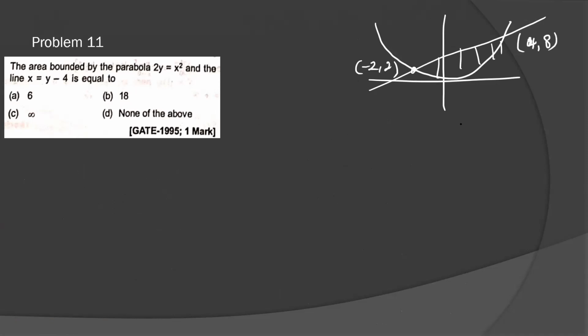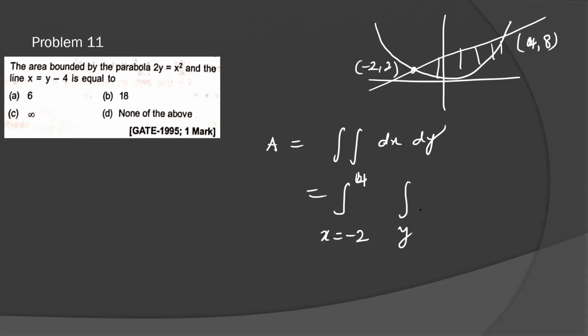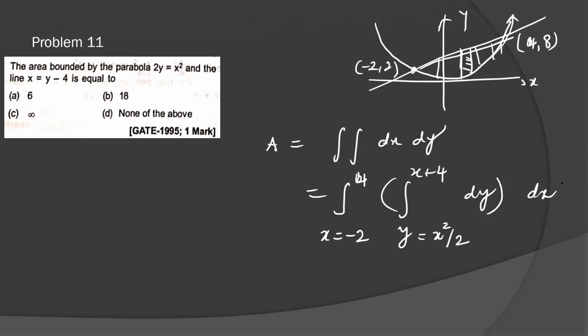So if you see the constant limit, area is dx dy. So the constant limit of x is minus 2 to 4. And what about y? We have to draw the strip parallel to the y-axis here. So the lower limit of y is coming from the parabola, that is x square by 2, and the upper limit is coming from this straight line, so the value of y is x plus 4, dy dx.